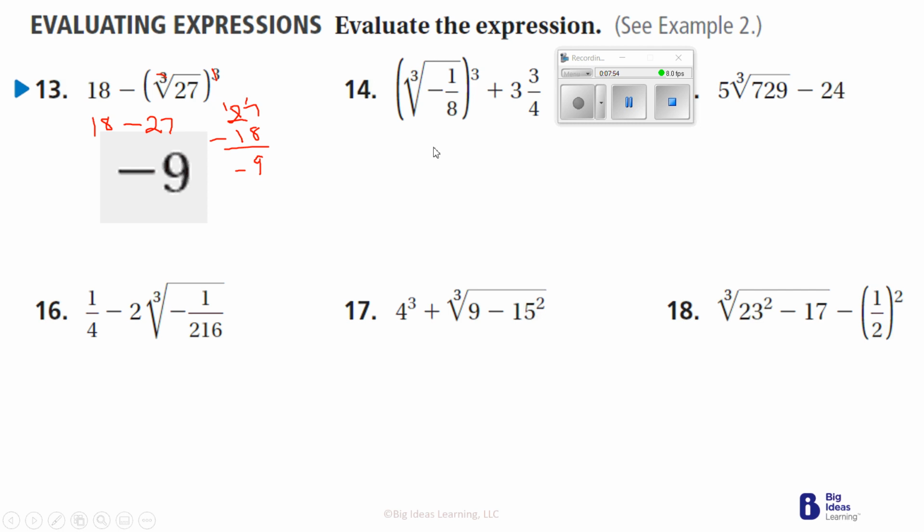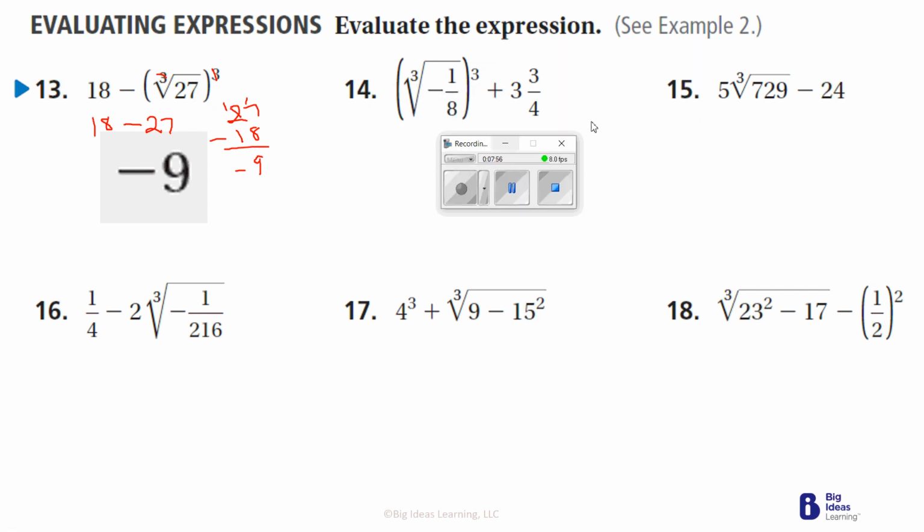There we are. Let's go to number 15. Number 15 says I've got 5 times the cube root of 729 minus 24. I could have sworn we found 729 before, and that was 9, right? So that kind of helped us out.